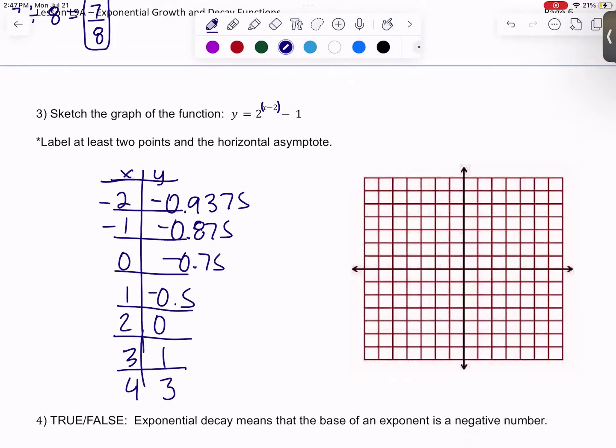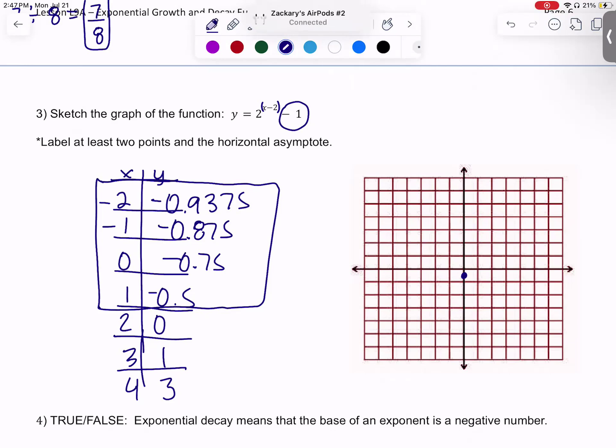So we see here, we're never going to touch minus 1. We shifted down 1 from the x-axis. 0, minus 0.75, minus 1, minus 0.5, getting closer and closer to minus 1, 2, 0, so on the x-axis, 1, 2, 3, over 3, up 1, 4, 3, and we said 5, 7, the top.